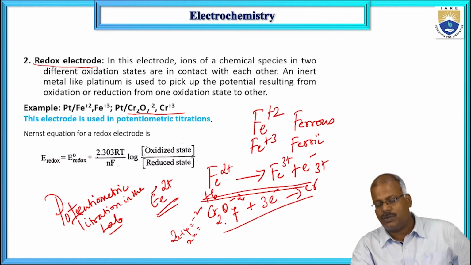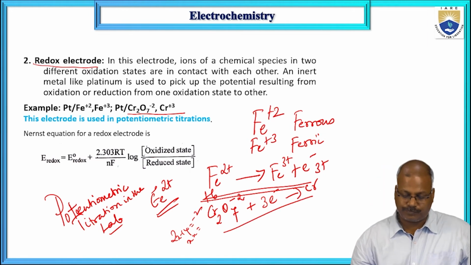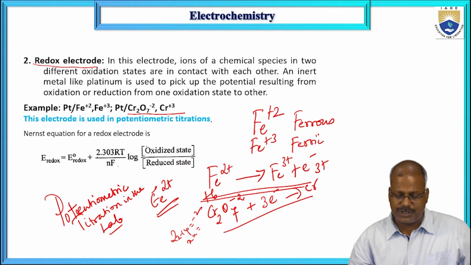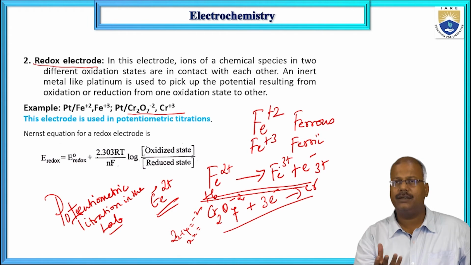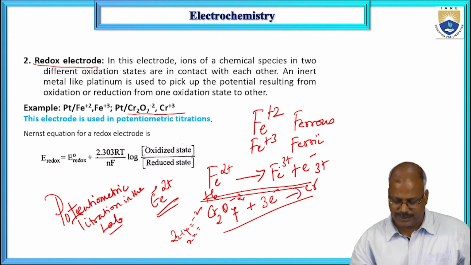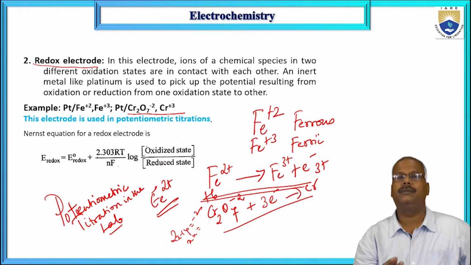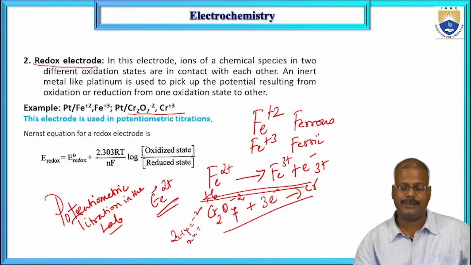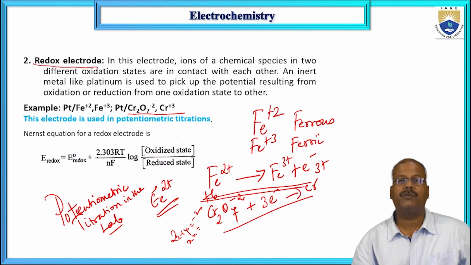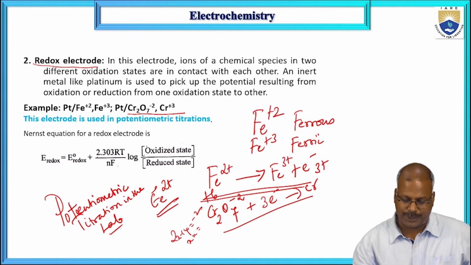Platinum is used whenever you take the ferrous sulfate solution in a beaker, and then add K2Cr2O7 of concentration 0.1 molar or 0.05 molar from the burette.